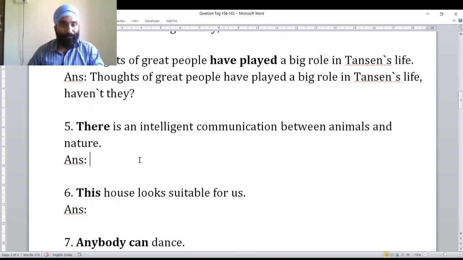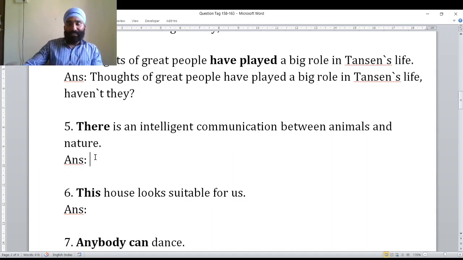Next example: there is an intelligent communication between animals and nature. In this sentence we have underlined, we have bolded there. The sentence is beginning with the word there. So in such sentences we get confused about which is the subject.